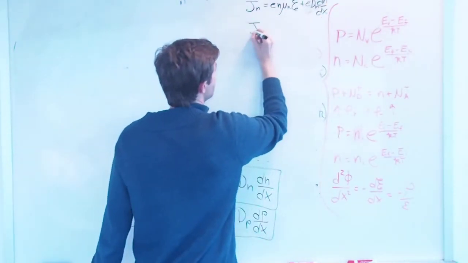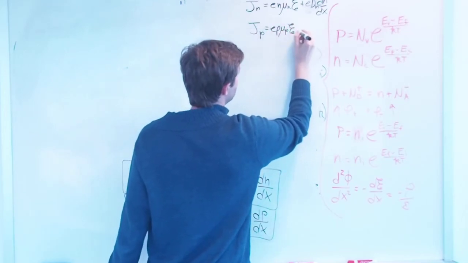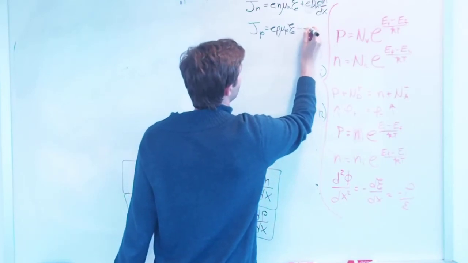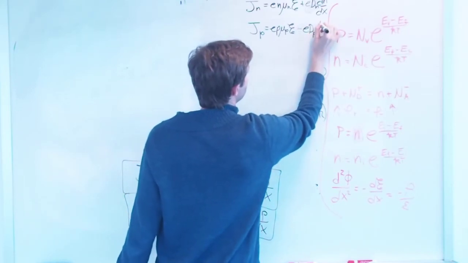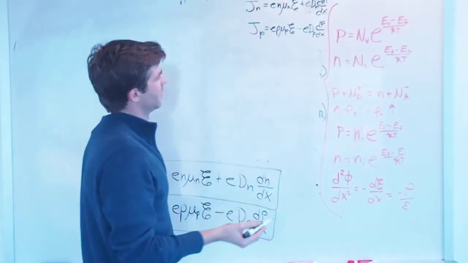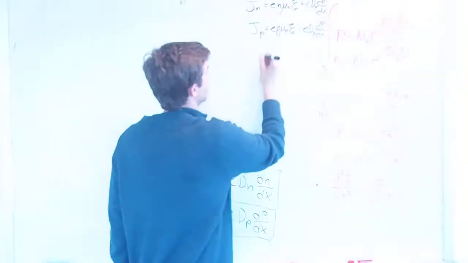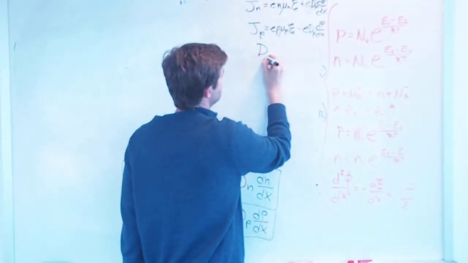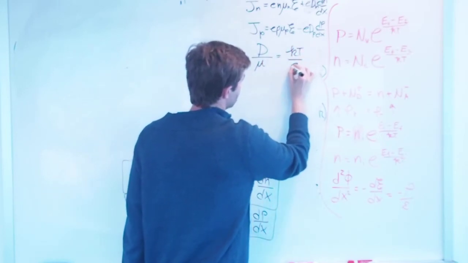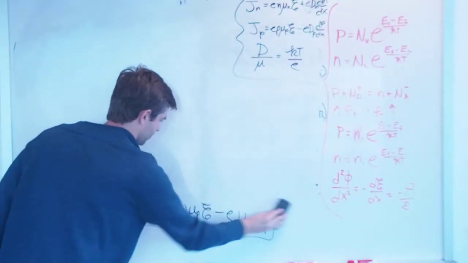And then J sub p is equal to e p mu sub p E minus e D sub p dp over dx. And according to the Einstein relation, diffusivity and mobility are related through this term right here. D over mu is equal to kT over e. Right? Okay, I'm gonna erase this.